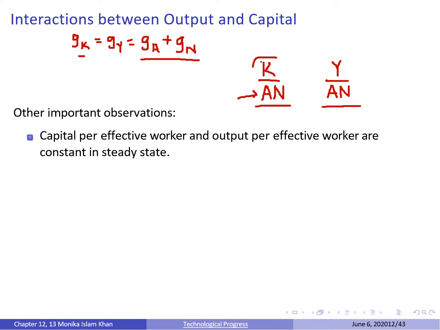So for the full term here, our capital per effective worker is not growing at all. And for the same reason, because the numerator grows at GA plus GN and the denominator also grows at GA plus GN, growth rate of output per effective worker is 0.